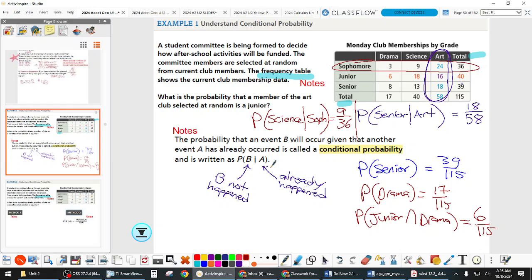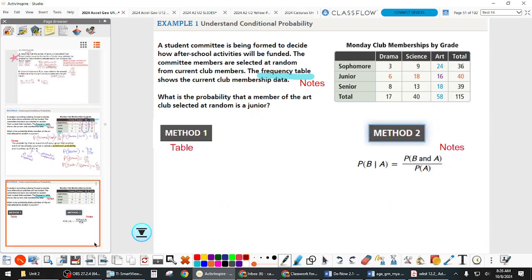Again, we'll write about it, but let's look at another version. So same table, same everything. Okay, we have the table method, which I just showed you. By the way, here's a question. What's the probability that a member of the art club selected at random is a junior? So we haven't done that one yet. So P, you guys tell me this time what goes here and what goes here.